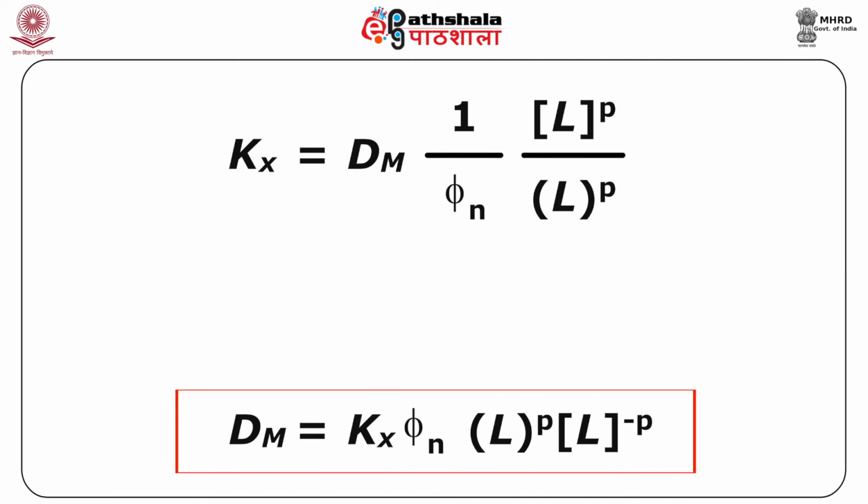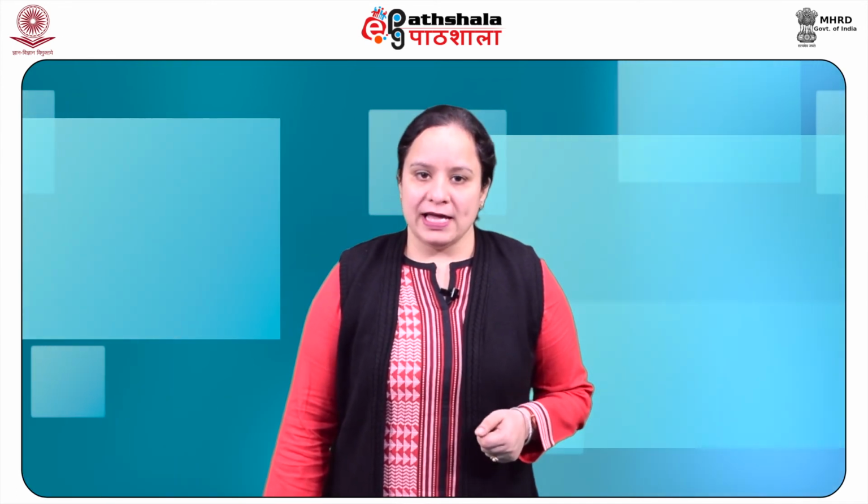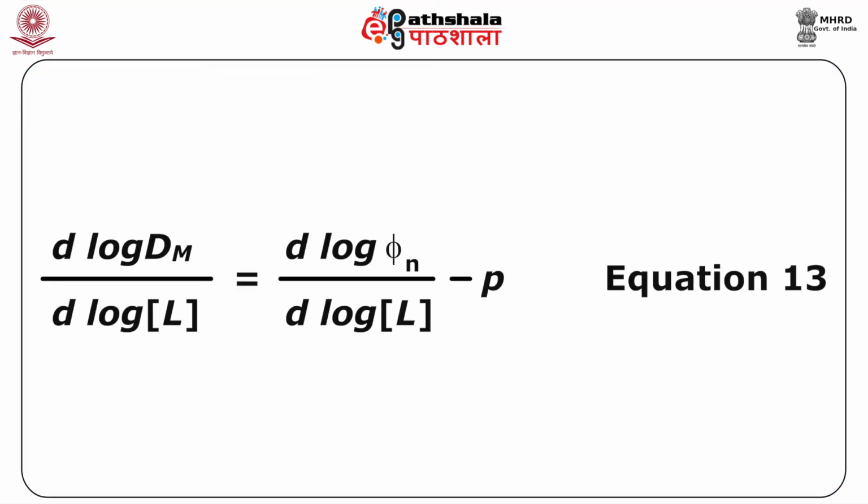If Kx and L are constant, the distribution coefficient Dm is a function of the ligand concentration and the mole fraction of the complex species bound to the resin. Taking the logarithm and differentiating the equation with respect to log L, we get equation 13.